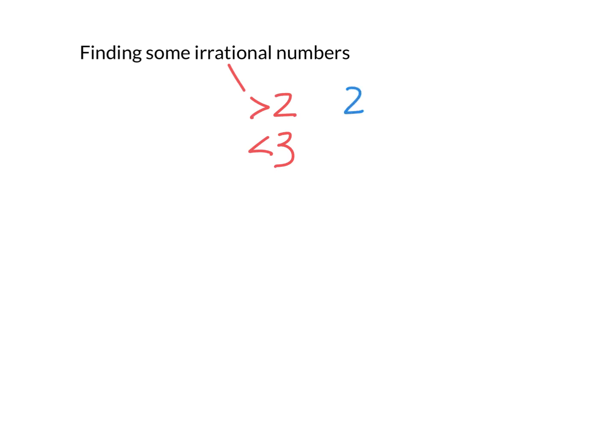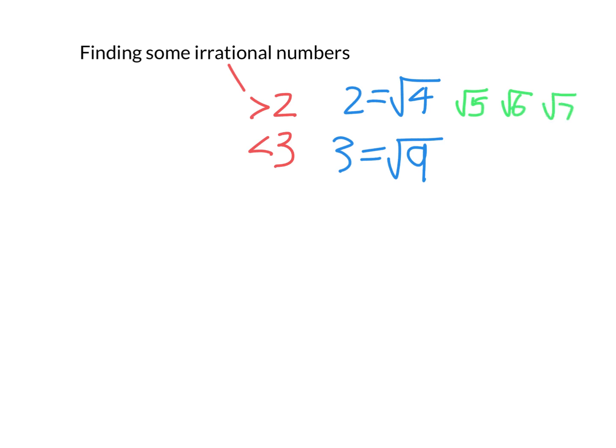Now, because 2 is equal to the square root of 4, and 3 is equal to the square root of 9, because 3 squared is 9, if I square root any number between these, it will be an irrational number. So for example, square root of 5, square root of 6, square root of 7, square root of 8. Each of these is irrational because it's the square root of a non-perfect square. Each of them will be more than 2 but less than 3.